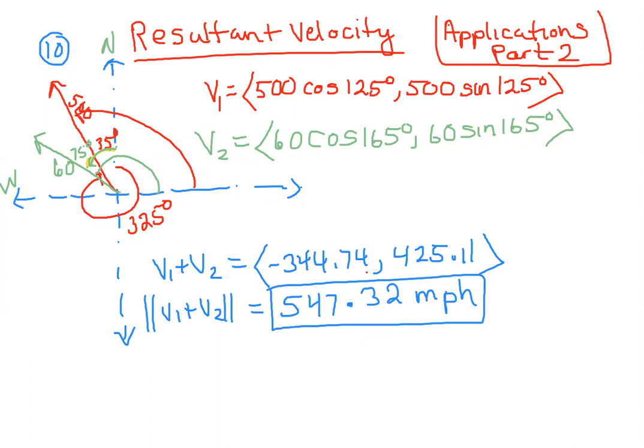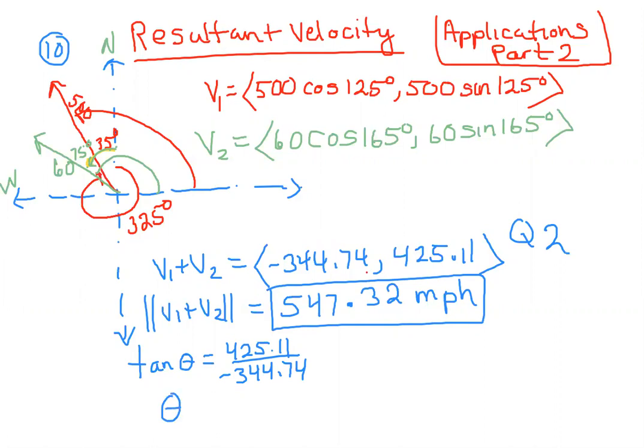Then it asks us for a direction. So we're going to find tangent theta equals 425.11 over negative 344.74. What quadrant is this in? This is in quadrant 2.